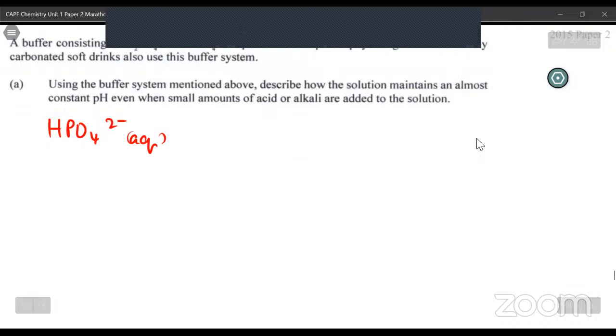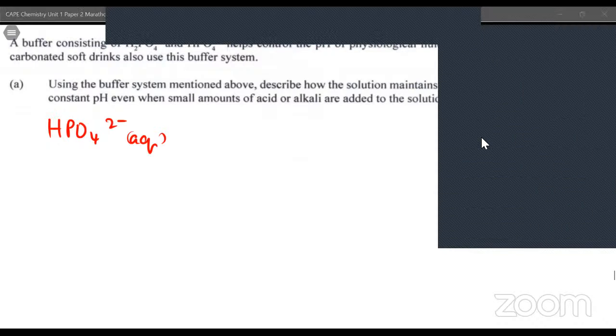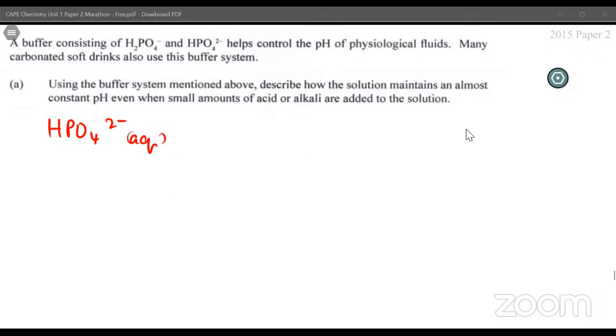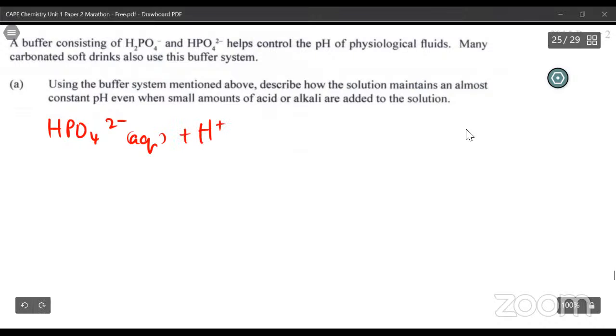Let me hide this meeting control so it stops blocking you. So HPO4 2 minus aqueous plus an H plus ion would give you H2PO4 minus, in its aqueous state.